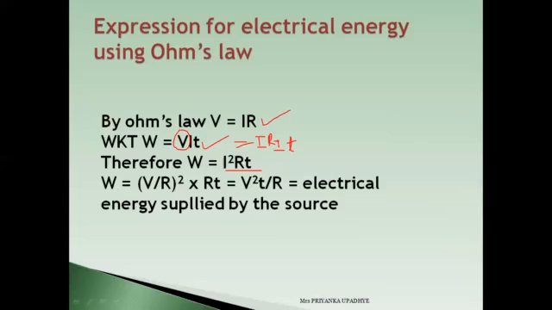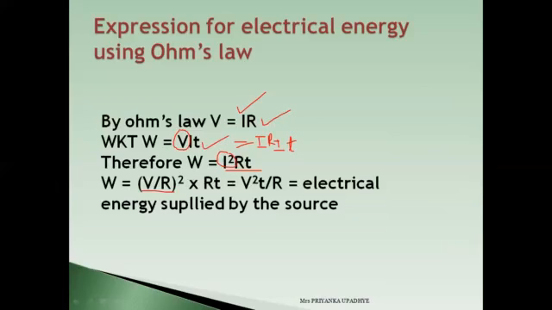Now, see here, W is equal to I square RT. By this formula, I is equal to V by R, so I square is equal to (V by R) whole square. So we write here (V by R) whole square into R into T. So R will get cancelled, and what you are going to get is V square T divided by R. It is nothing but the electrical energy supplied by the source.